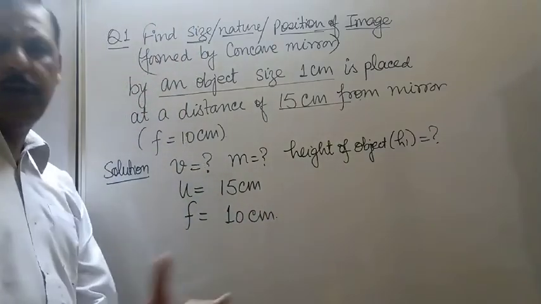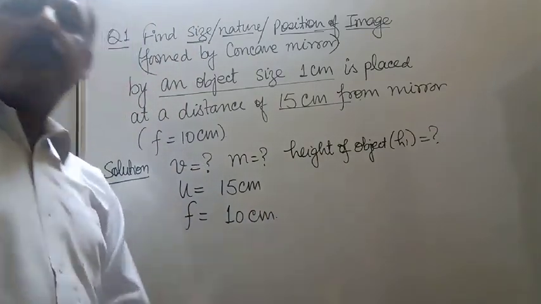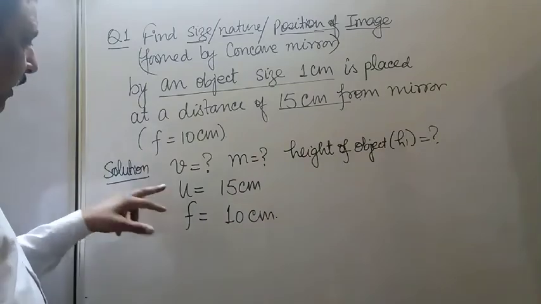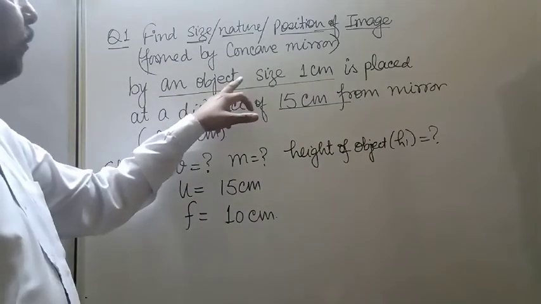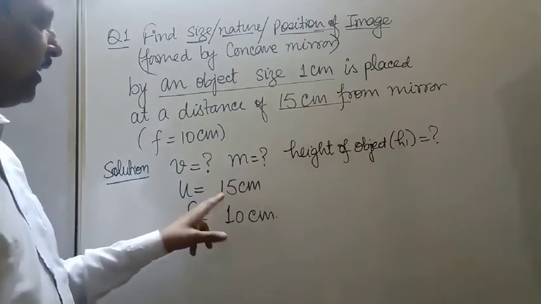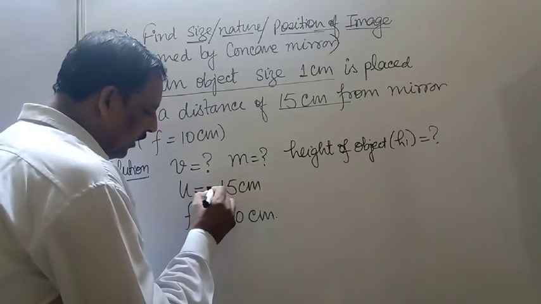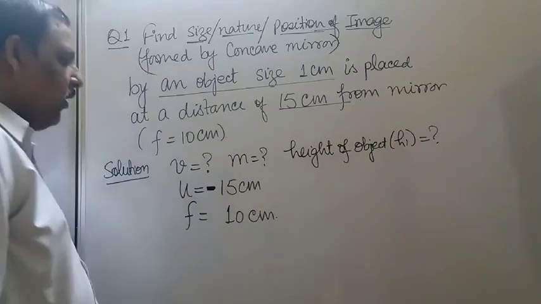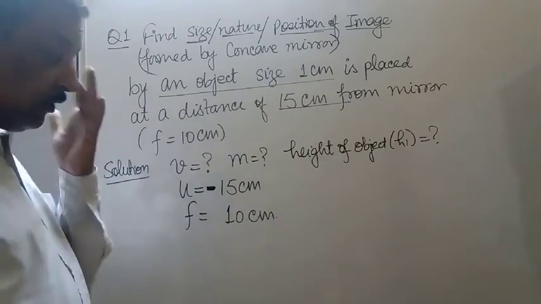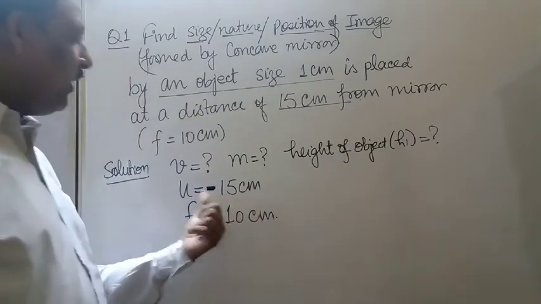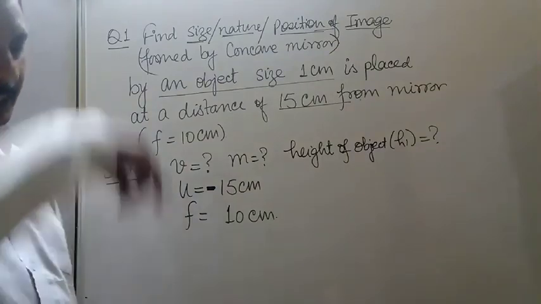Now look here, the sign conventions play a very important role. The distance of the object from the mirror is 15 centimeter, then we call it negative. This is the role of sign convention. This is not simple 15 centimeter, this will be negative 15 centimeter.